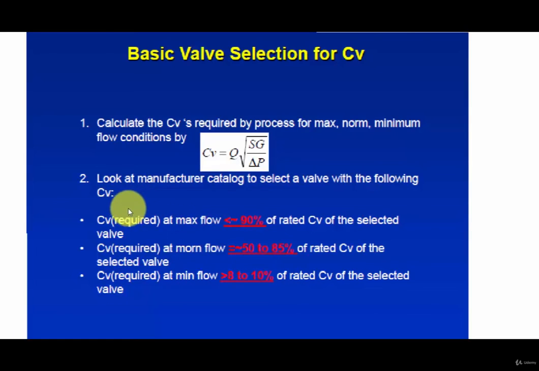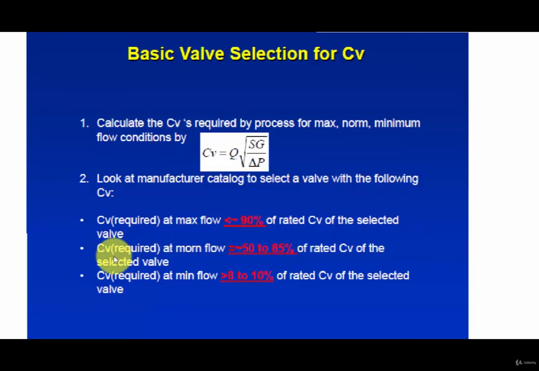So in this condition, CV required at maximum flow should be 90% of rated CV of the selected valve. So CV maximum shall lie at 90% of the rated CV of the selected valve. As I discussed, whatever we are calculating is a required CV, that is theoretical CV. So 90% of rated CV of the selected valve, this is a valve CV, already developed and fixed by the valve manufacturer.